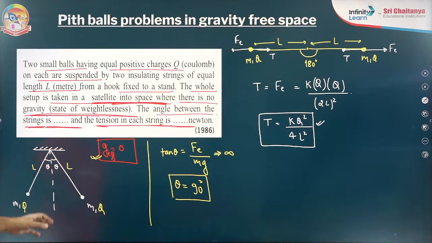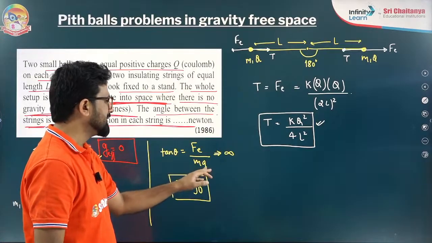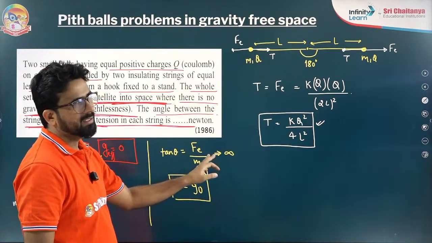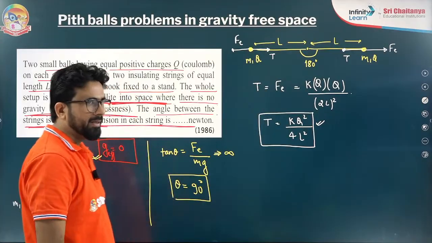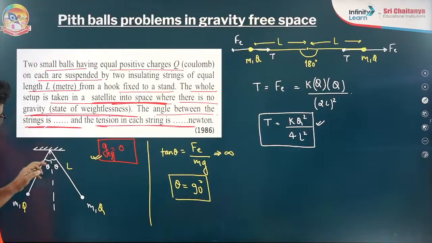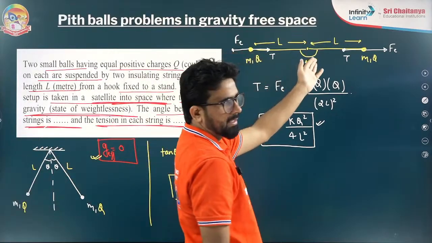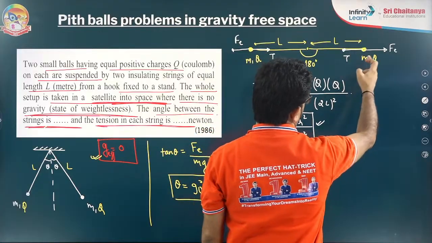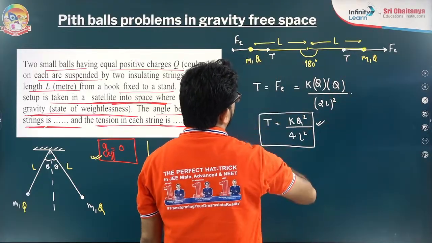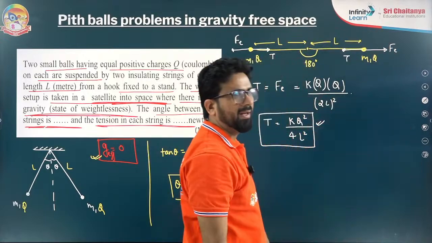I am repeating again that g is equal to 0. g is 0, that means mg term becomes 0. That means this whole term becomes infinite. And tan theta is equal to infinity at 90 degree. That means theta equal to 90. That means this side angle is 90, this side also angle 90. Total becomes 180. That means this becomes a straight line. So with straight wires like this, this is m, this is capital Q, this is m, this is capital Q, length L, L. So there are only two forces balancing each other.